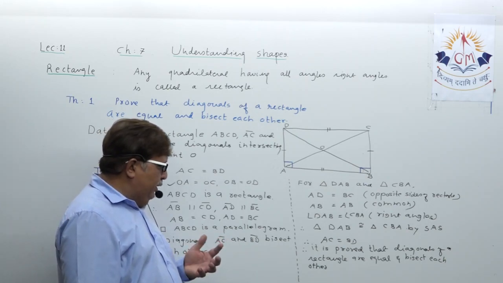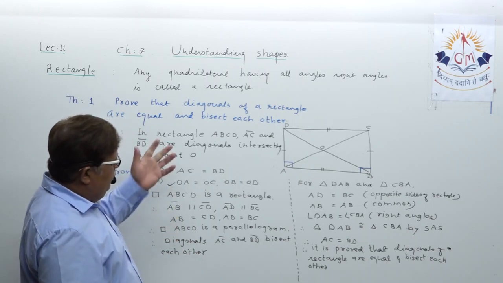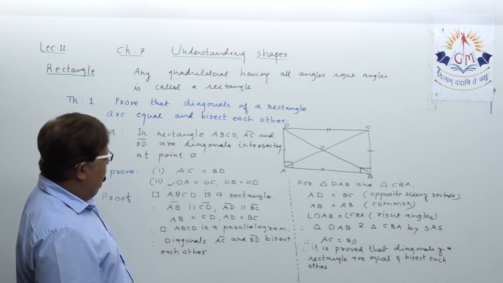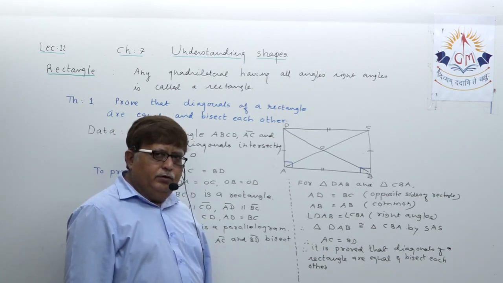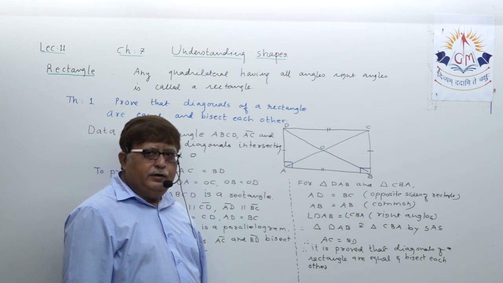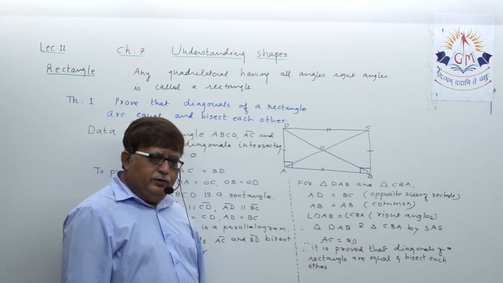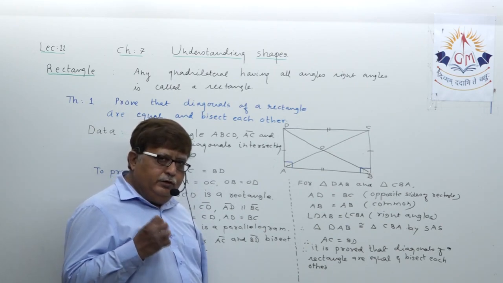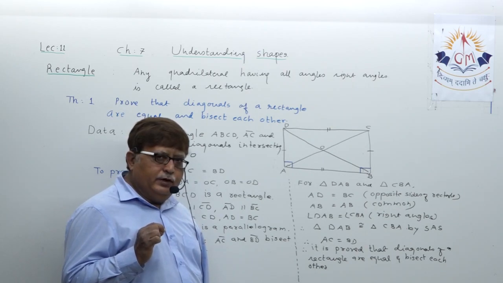And as far as this one important property of a rectangle, that diagonals of a rectangle are equal and bisect each other, let us solve one example based on this very important fact.